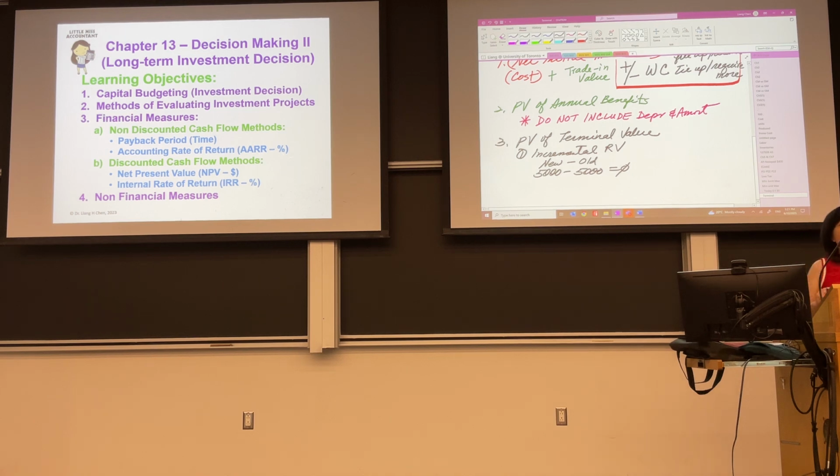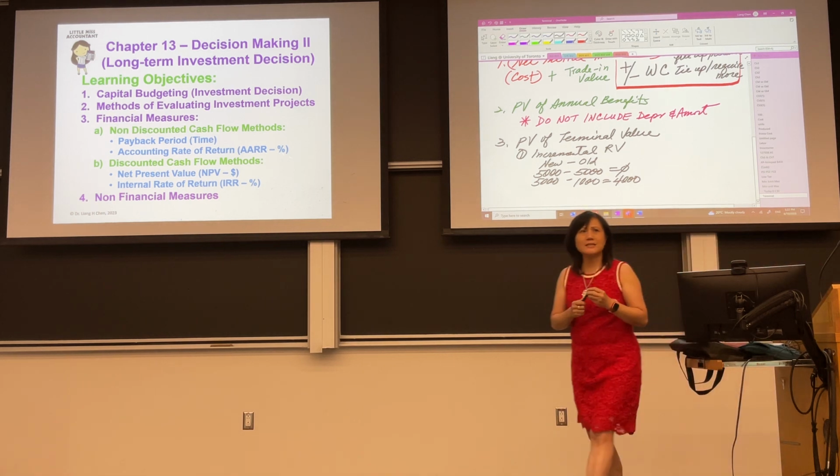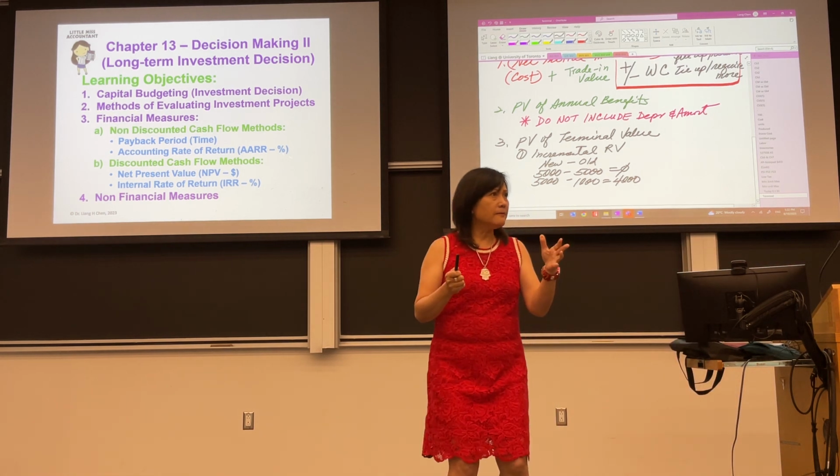Sometimes, if you buy the new machine it will give you $5,000 residual value in 10 years. But the old machine only gives you 1,000. By investing in the new machine, you get an additional 4,000. Positive. Remember I told you the story about my sister's apartment?